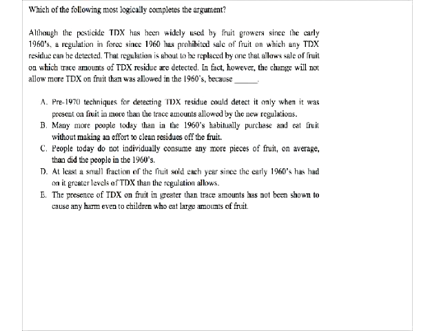So whenever there are lots of words, what it can help you to do is to rephrase into your own words. So in this case, it used to be if you could find anything on the fruit, if you could find any TDX, then it was prohibited.